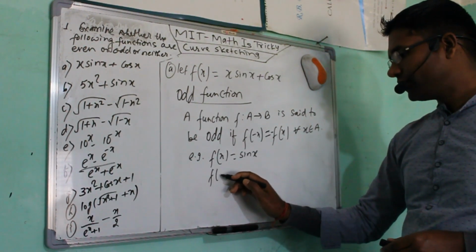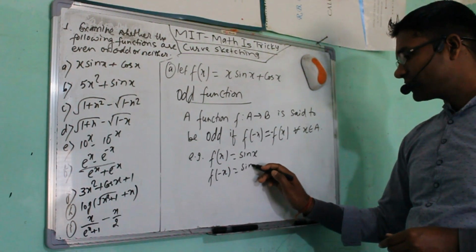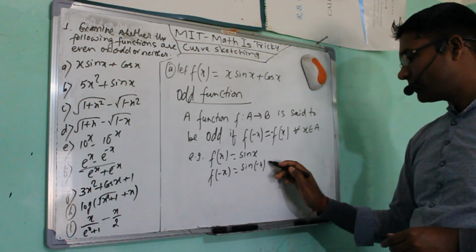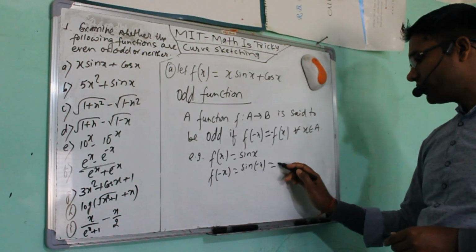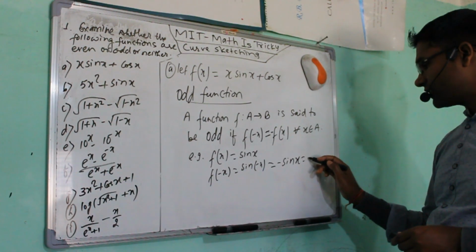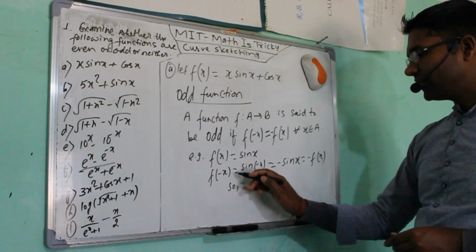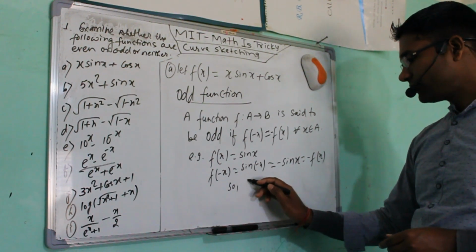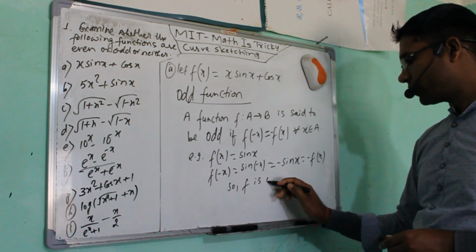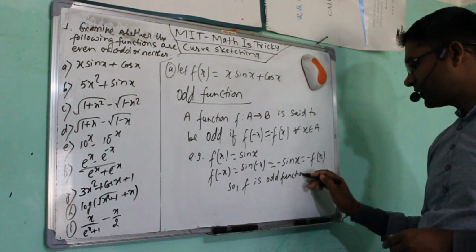If we find f of minus x, it will be sin of minus x, and by the trigonometric formula it is minus sin x, which is minus f of x. So we can say the function f(x) is an odd function.